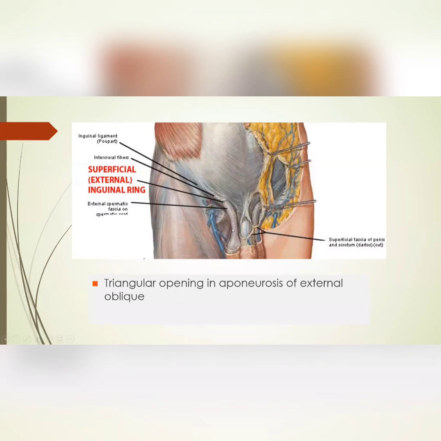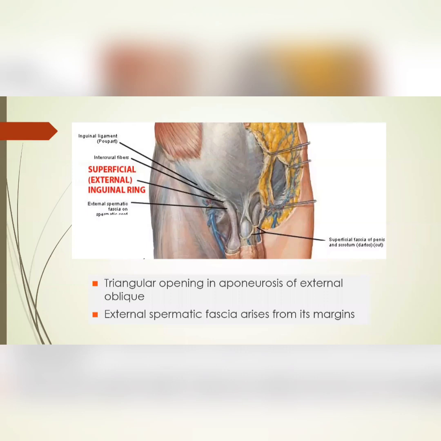So as the spermatic cord is passing into the anterior abdominal wall and finally into the pelvic cavity, the superficial inguinal ring serves as an opening. Also, the spermatic cord is covered with a fascia known as external spermatic fascia. This is derived from the external oblique aponeurosis.